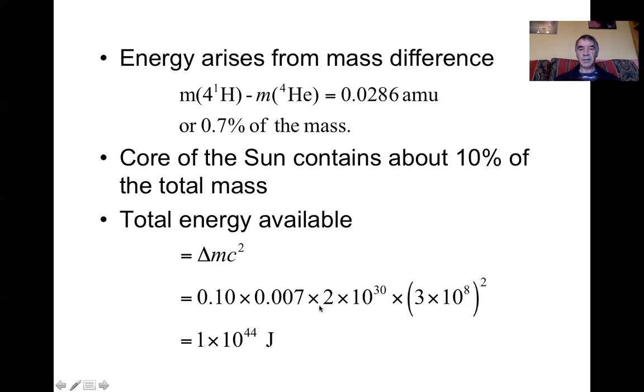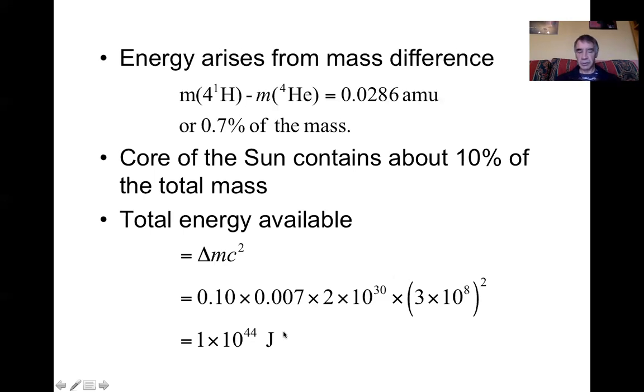Here's the total mass of the sun, so we've got 10% of the total mass of the sun, and then we've got this efficiency factor. That's giving us the total amount of change in mass that's turning into energy. And on the end here, we've just got the speed of light, 3 × 10⁸ meters per second, squared. Multiply all that lot together, and hey presto, you get 10 to the 44 joules.